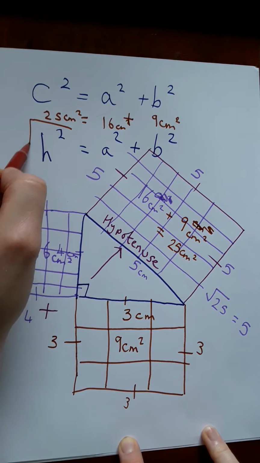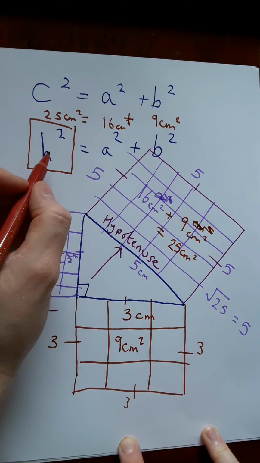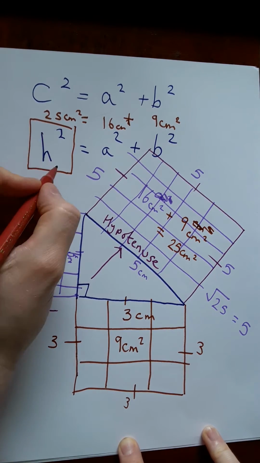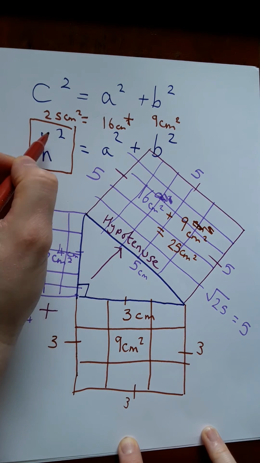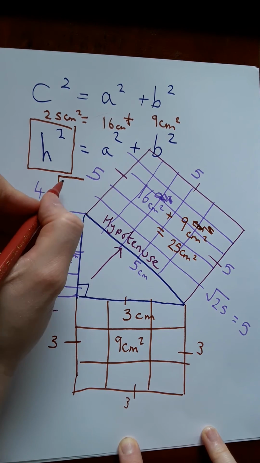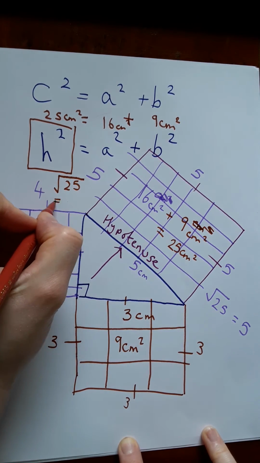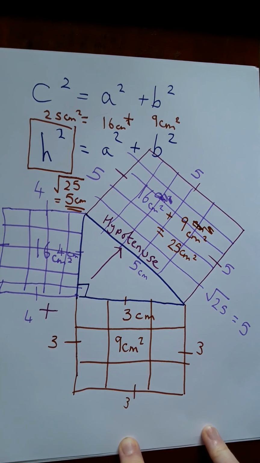So now I know that h squared equals this, but I needed to know h, so what I need to do is to do the inverse of my squared function, which is my inverse means the opposite, which is the square root. So the square root of 25 equaled 5. So I know that my side length was 5 centimetres.